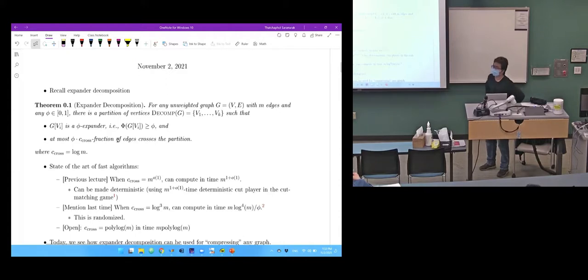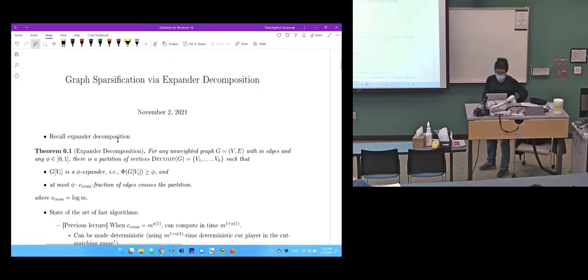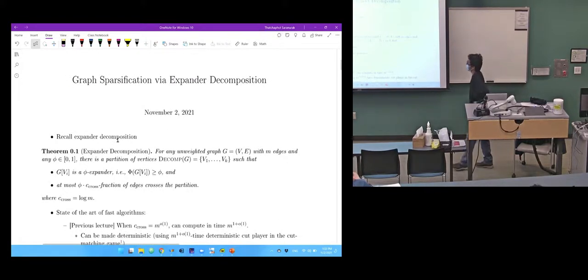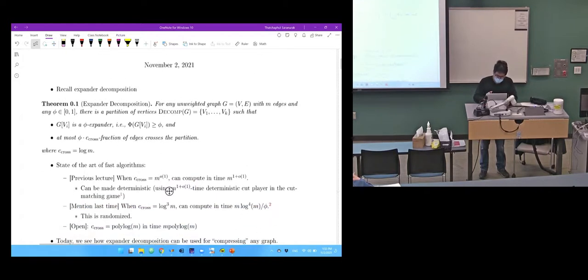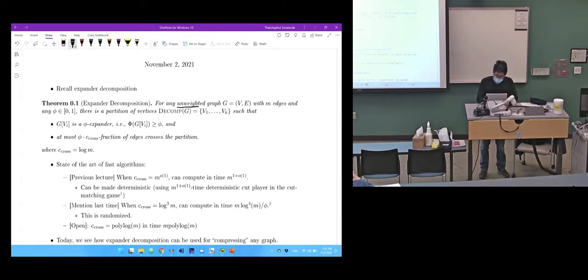Okay, so today we will see application of expander decomposition. Just to recall, given any graph, let's say it's unweighted, just for simplicity, and we saw that everything generalized to basically various settings.